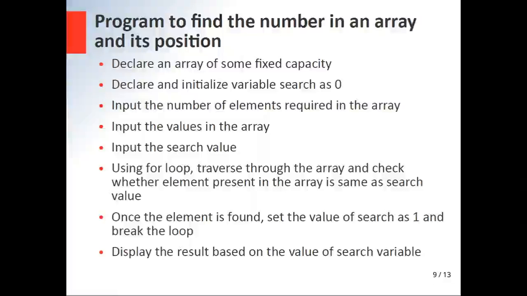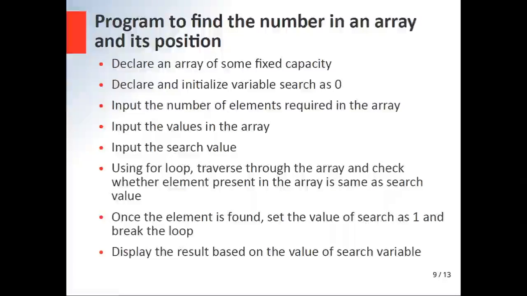So we'll use a for loop, and traverse through the array and check whether the element is present in the array. If we are able to find the element, then we'll set the search variable as 1 and we'll immediately break the loop.